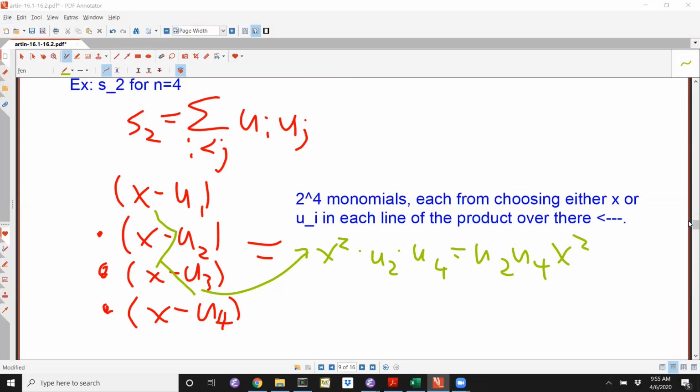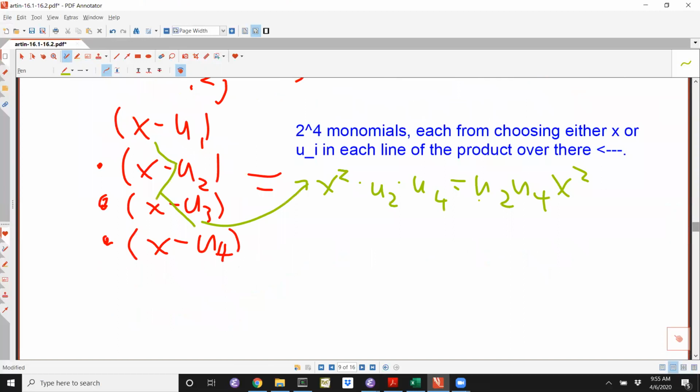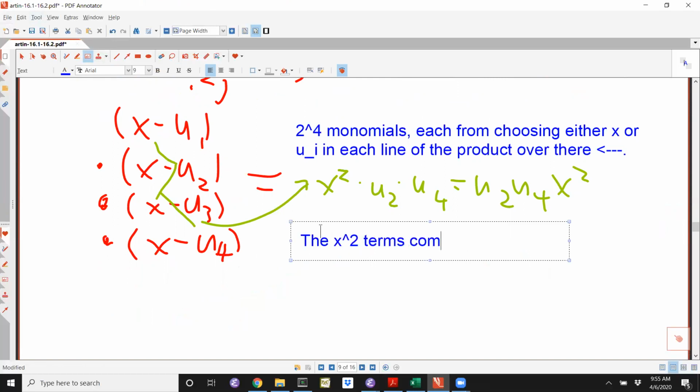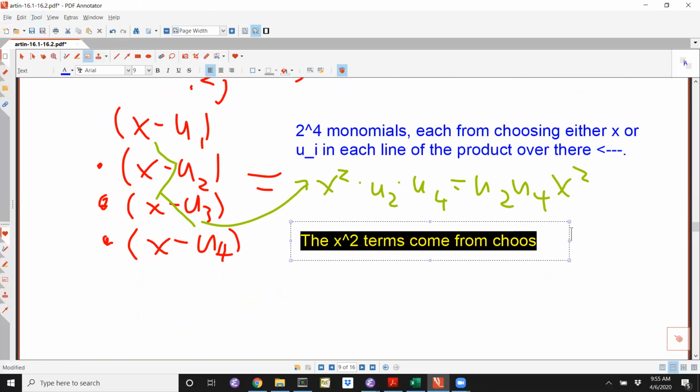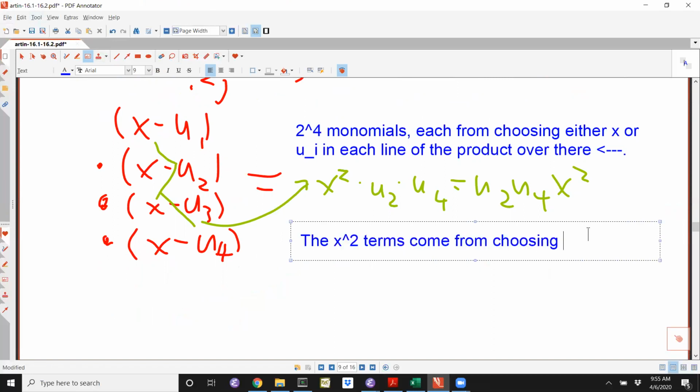There's a cursor. All right. So in particular, the x squared terms come from choosing, I should have used an odd n, but oh well, this is good enough, choosing x twice, as we see, and one of the u sub i's twice.